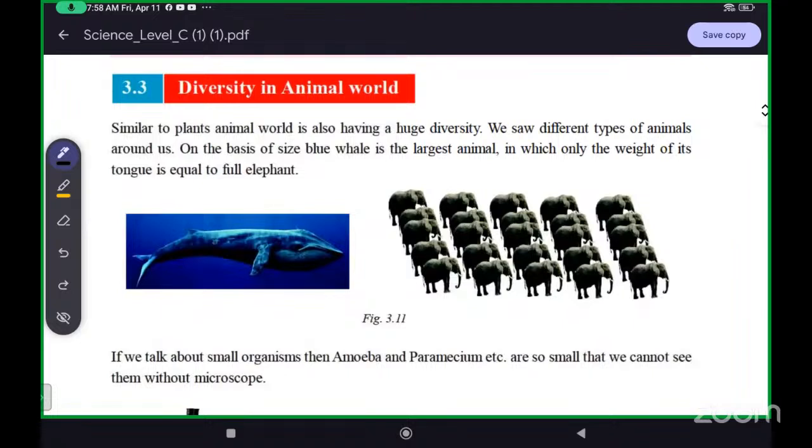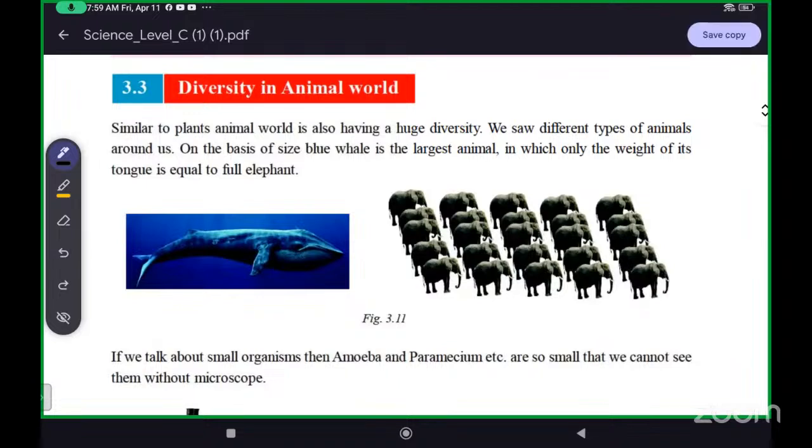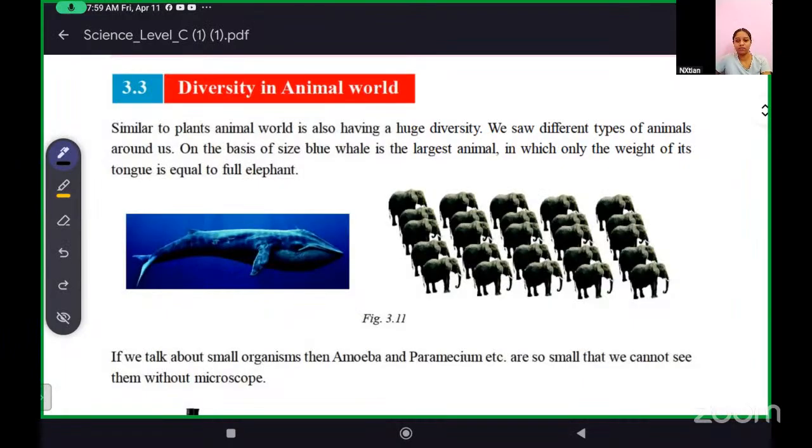Ma'am, is it saying it's equal to a full elephant, or is it saying 25 elephants?